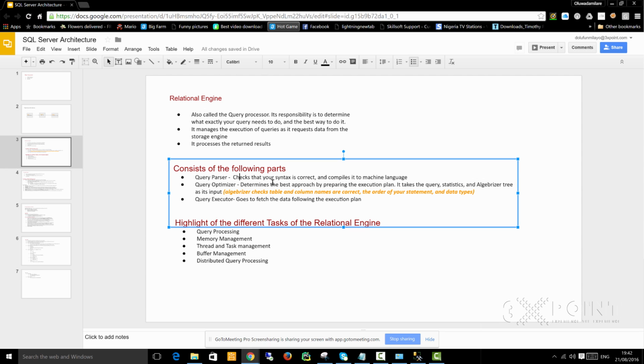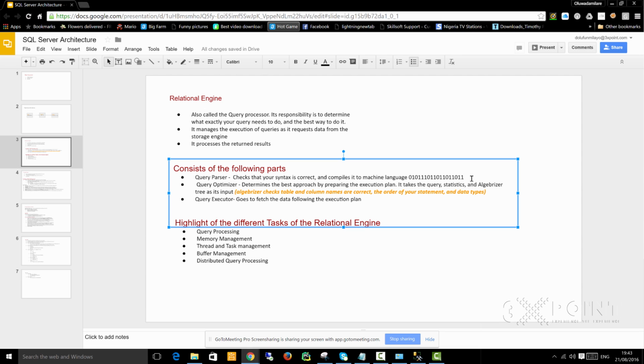So your session might be idle, but the engine itself is not idle, because there is a lot of work happening. The query parser, like I said before, will parse your T-SQL syntax and then compile it to the machine language. And what do we mean by the machine language? It's the binary things that you see about computers. It's just 0 1 0 0 1, like that. When you see things like this, it is machine language.